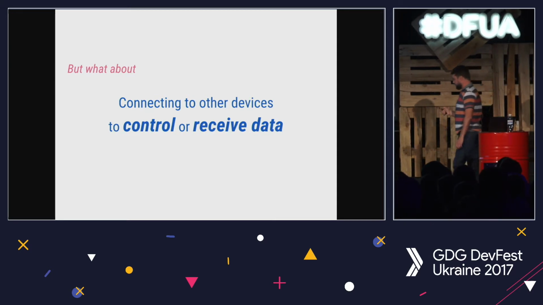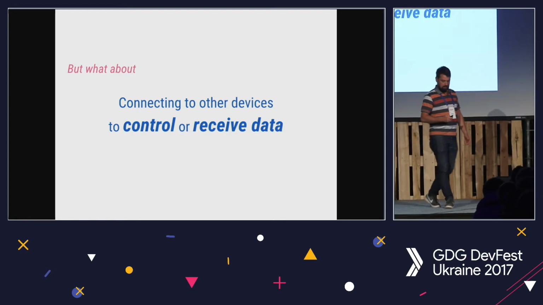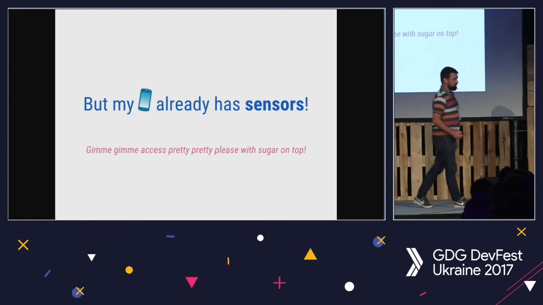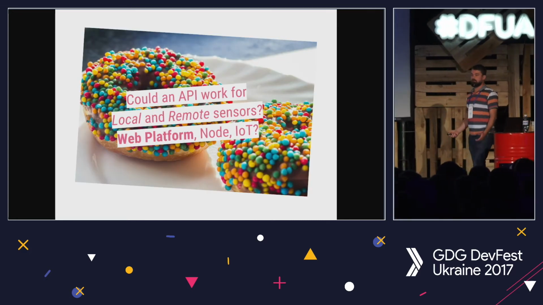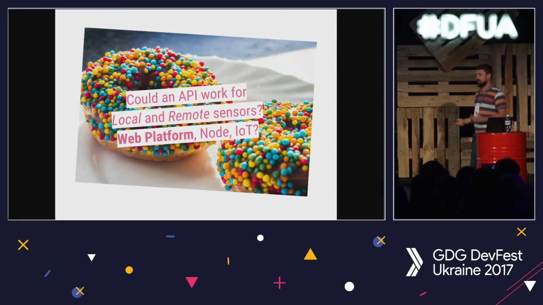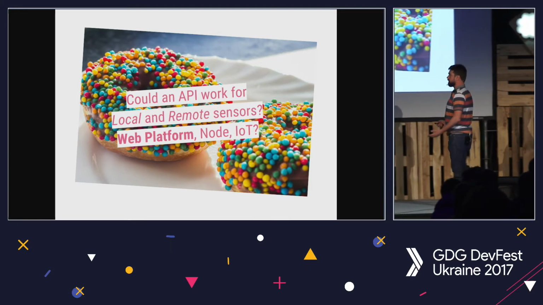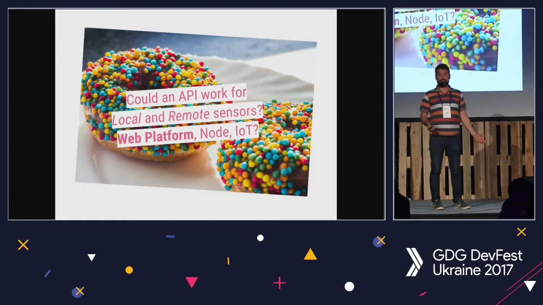But sometimes you need to connect to other devices in order to control and receive data. Something like a sensor. And my phone has plenty of sensors. So wouldn't it be nice if you could have an API where you could access these sensors on your phone, but also an API you could use if you're programming an IoT device using JavaScript.